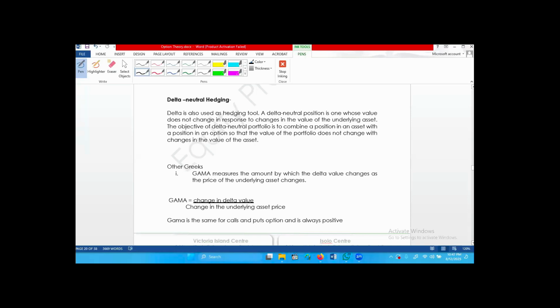Gamma is calculated as change in delta value over change in the underlying asset price.